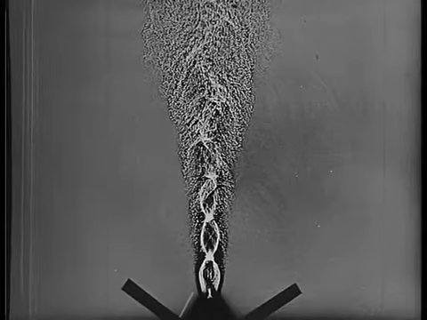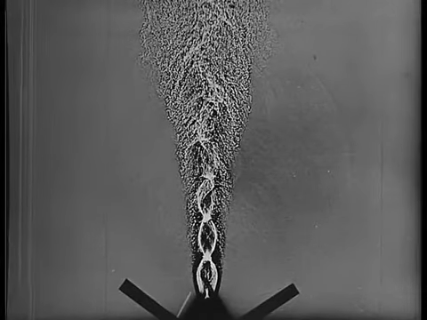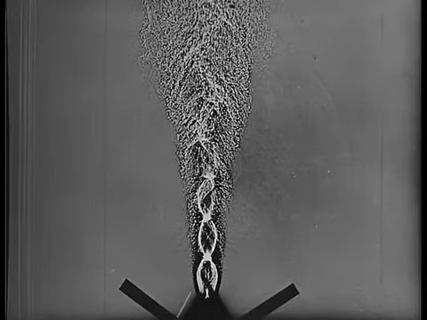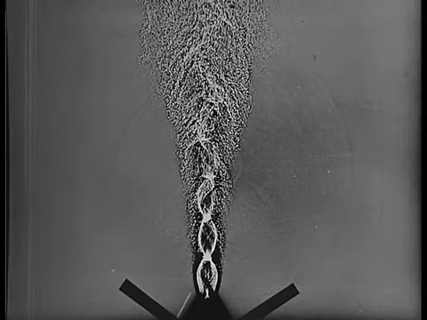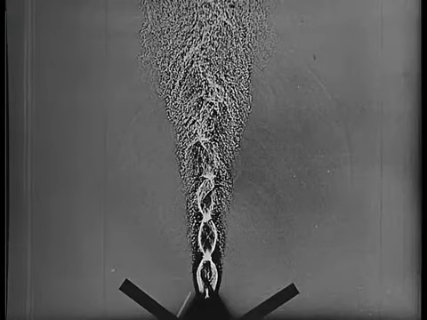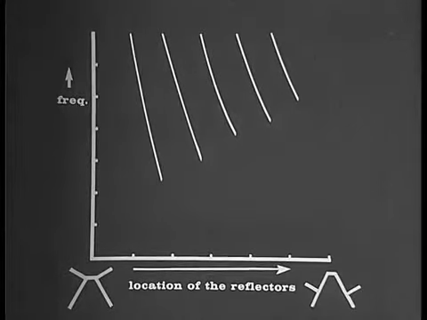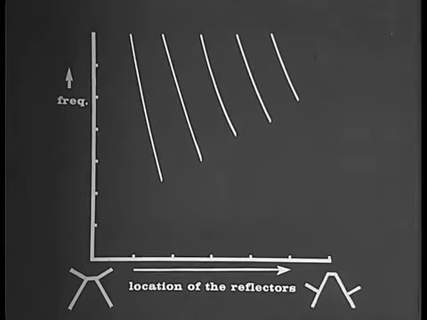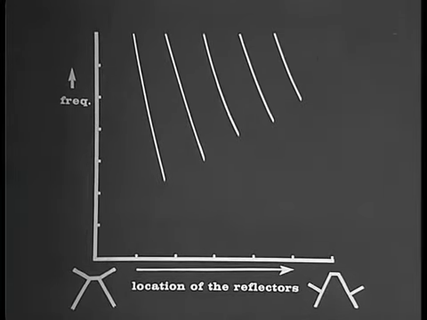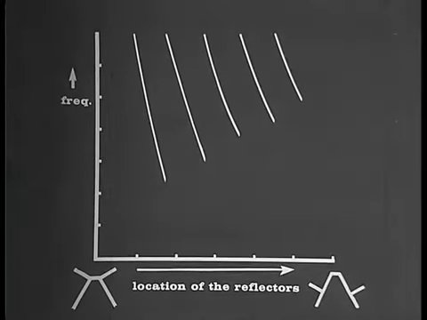No remarkable variations were noticed, except when the reflectors were placed against and perpendicular to the outer wall of the nozzle. When we move the reflectors, the oscillation frequency changes as shown in this graph. On the vertical axis, the frequency F is plotted, and on the horizontal axis, the displacement D of the reflectors.